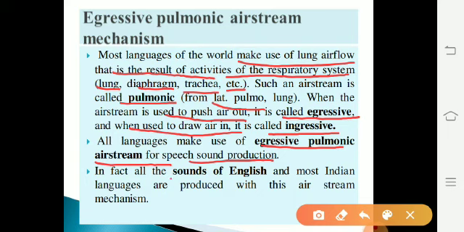In fact, all the 44 sounds of English, that is the vowel and consonant sounds that we are concerned with in the chapter, and most Indian languages are produced with this airstream mechanism. Which airstream mechanism? Aggressive pulmonic airstream mechanism. There are other airstream mechanisms also, such as glottalic and velaric, but here we are concerned with aggressive pulmonic airstream mechanism.